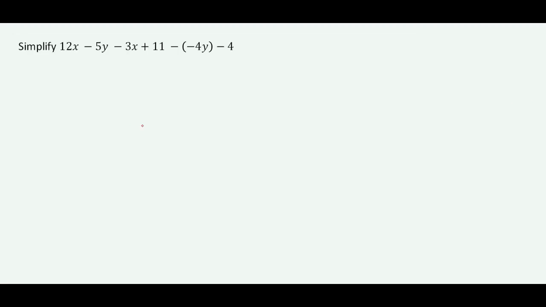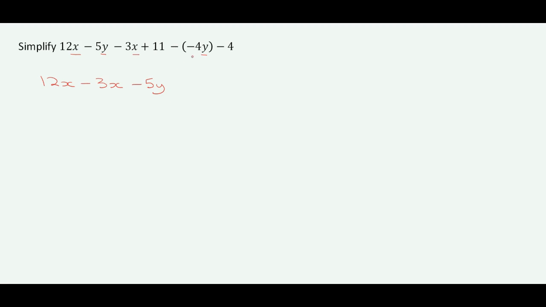And then, final example, we have x here, we have y here, and then we have constants. So we have 12x minus 3x minus 5y.